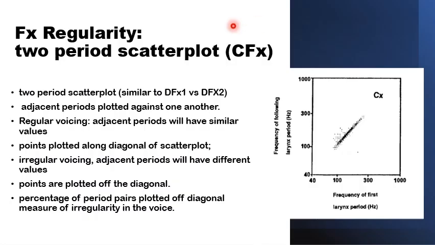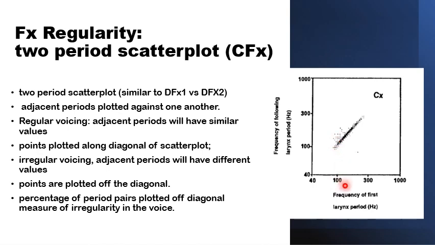Another way of demonstrating and measuring the irregularities in the voice signals would be the use of the scatter plot, the CFX, in which on the x-axis it would represent the fundamental frequency of each cycle, and on the y-axis the fundamental frequencies of the cycle immediately after the original cycle will be plotted.